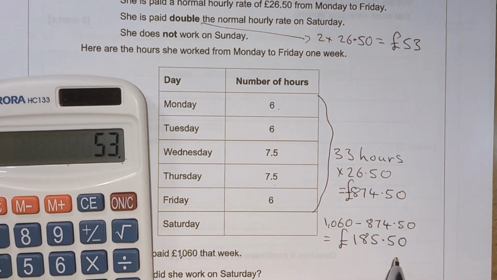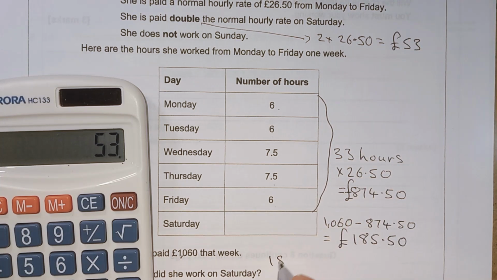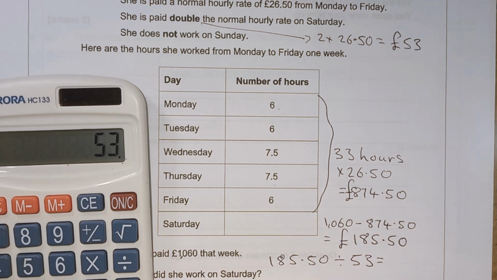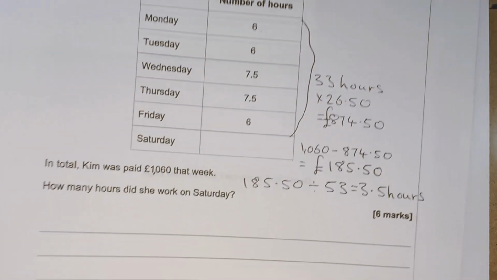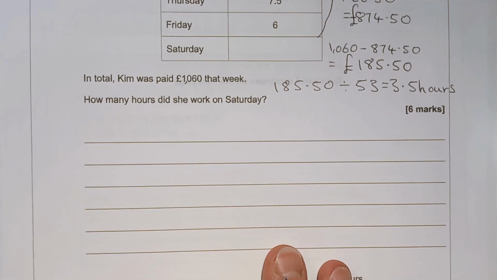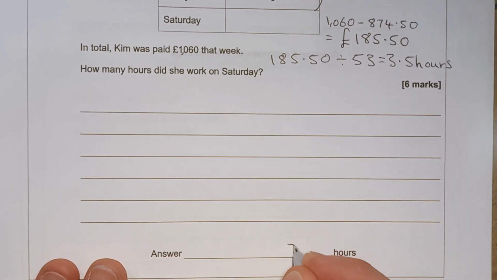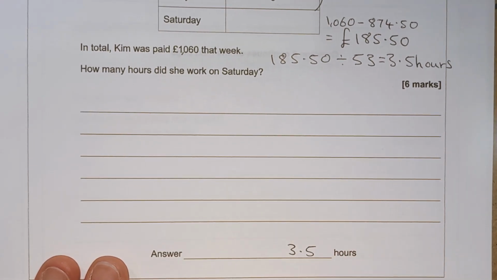So if we want to know how many hours she worked, we need £185.50 divided by £53. So 185.50 divided by 53, and we get 3.5 hours. And we can put that on our answer line down here.